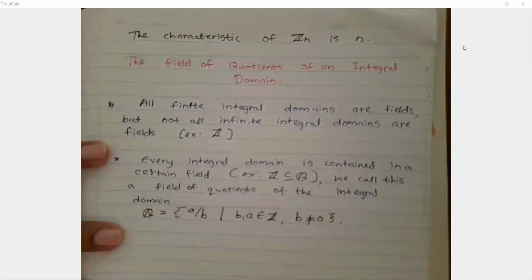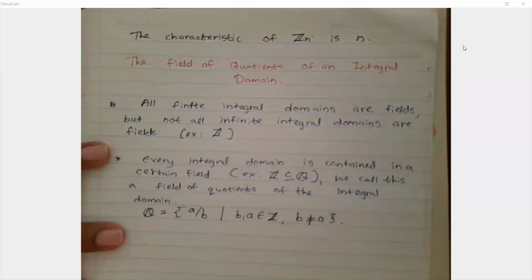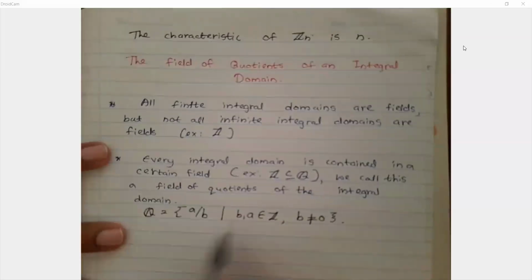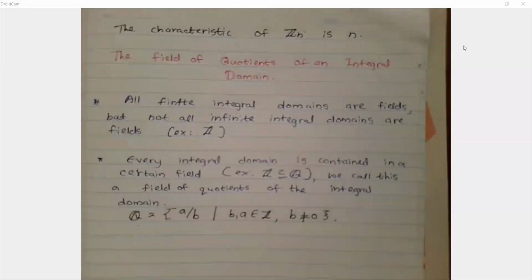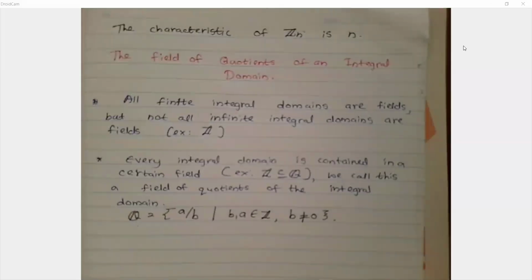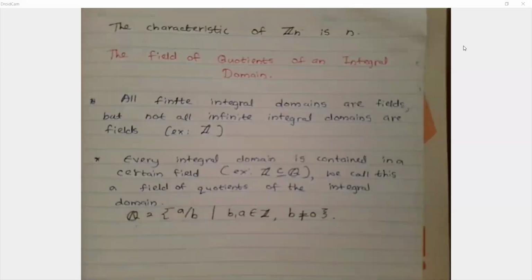Using elements of Z, we consider these quotients and we add this special condition where b is non-zero, otherwise this division will not be defined. And containing all these elements is the set Q, which is what we define as the field of quotients of the integral domain Z. So all these elements are expressed as quotients of integers.